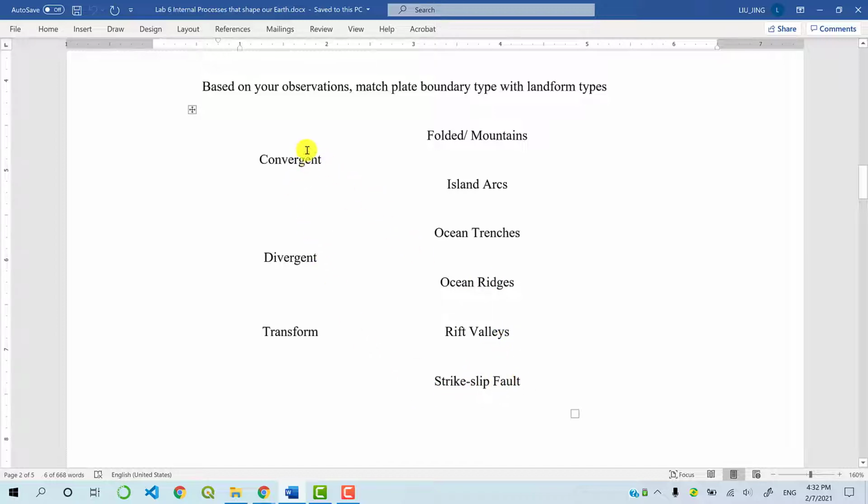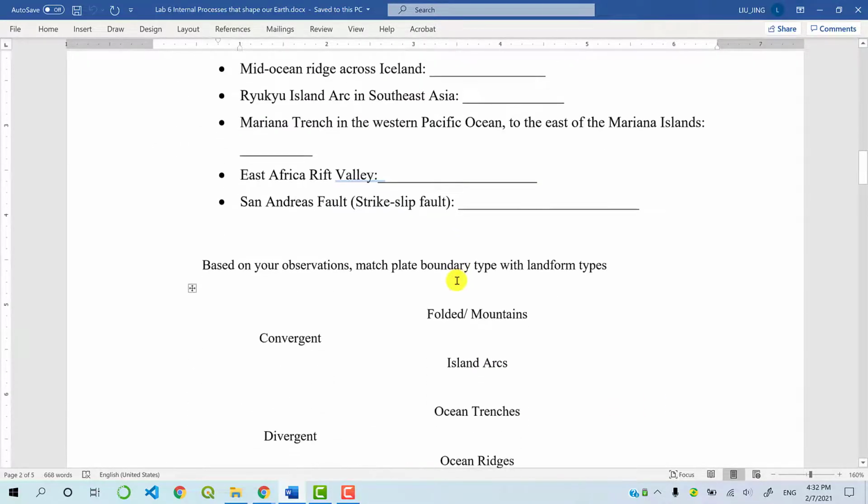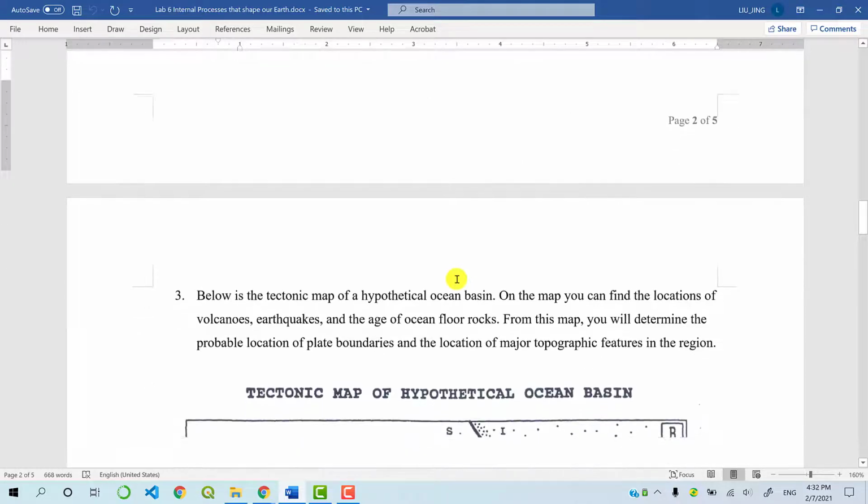You just need to connect, is it created by a convergent boundary, divergent boundary, or transform boundary, based on your findings in the previous question.